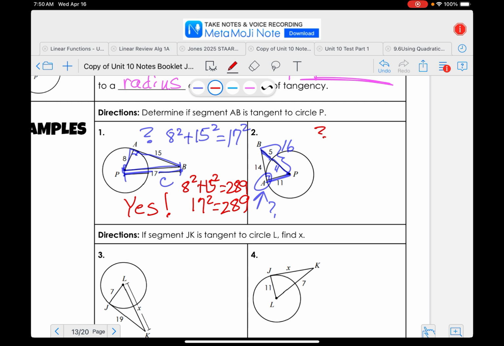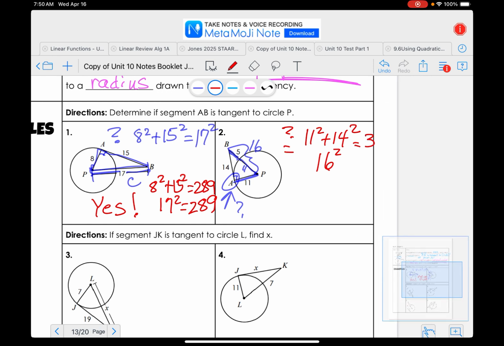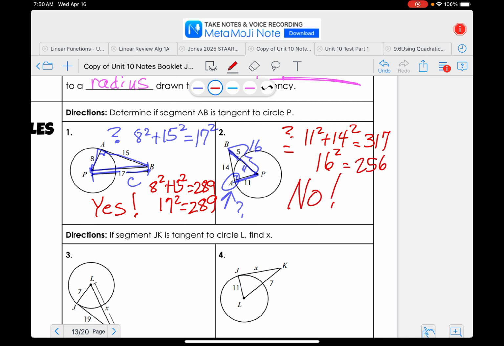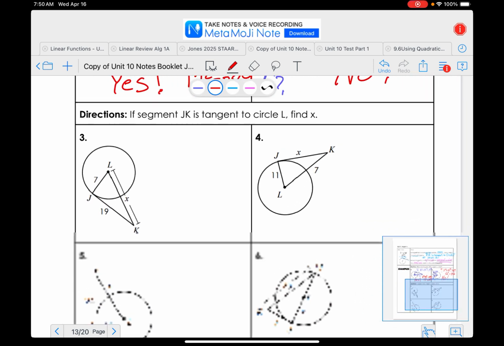So is 11 squared plus 14 squared equal to 16 squared? Are they equal? Well, 11 squared plus 13 squared is 317. 16 squared is 256. So no, that is not a tangent line, even though it looks like it. Do not ever assume or go by what it looks like.